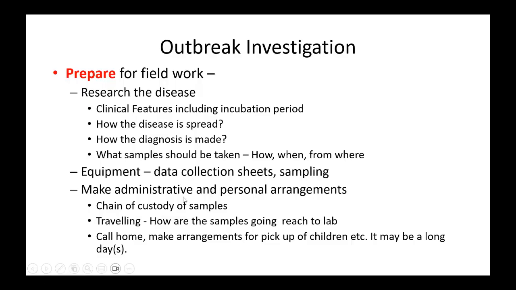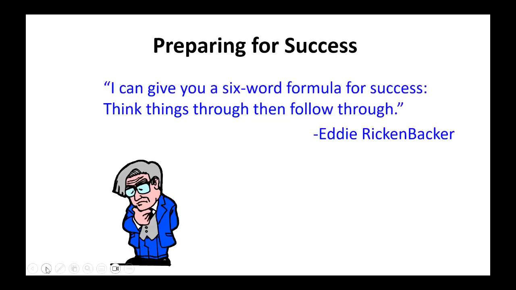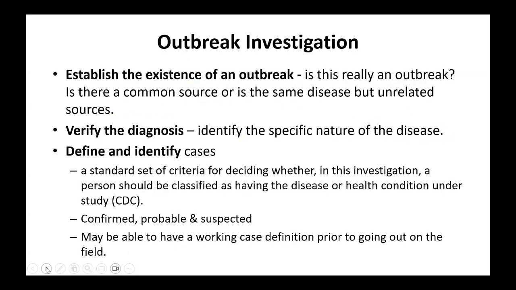We also need to sort out our home situation and make arrangements, like picking up children, because you don't know what the day will bring, because outbreaks notoriously occur on Friday afternoon when we're looking to go home early, so we have to make those arrangements. So it's really to prepare.